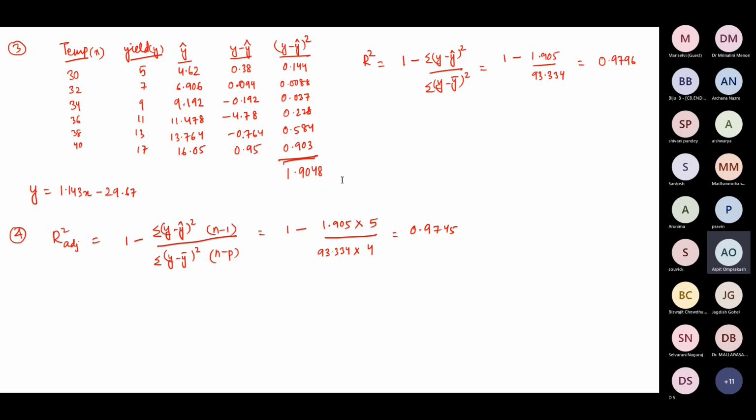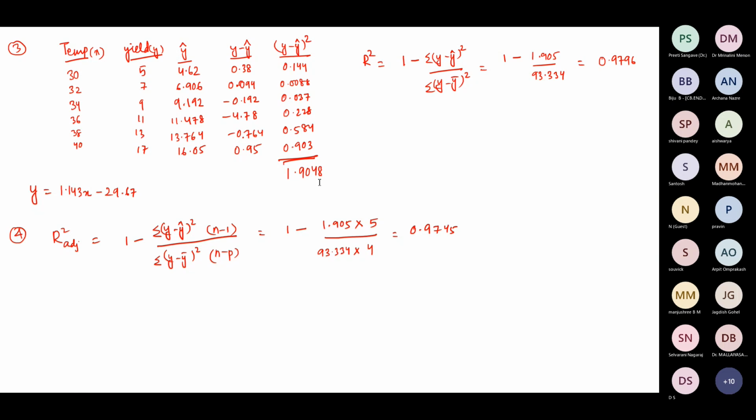You'll arrive at the same answer in both cases. Here, basically, this whole thing is the R square. So that's how the formula comes, but since they have used this formula, you can use this.